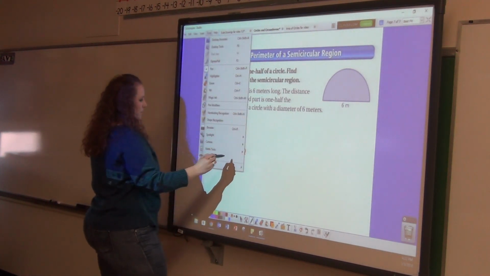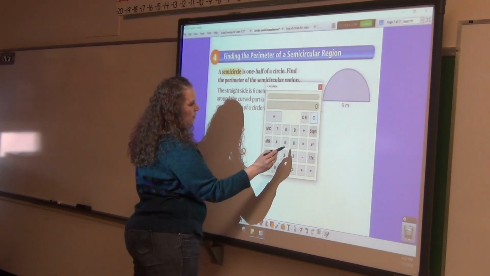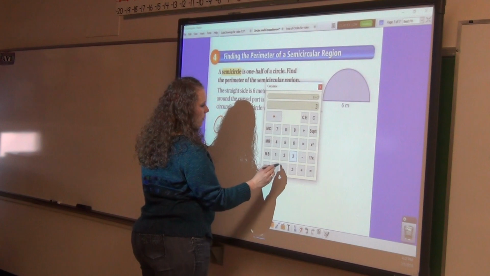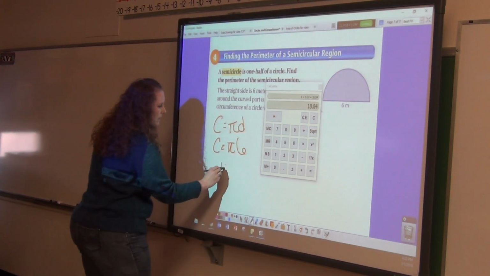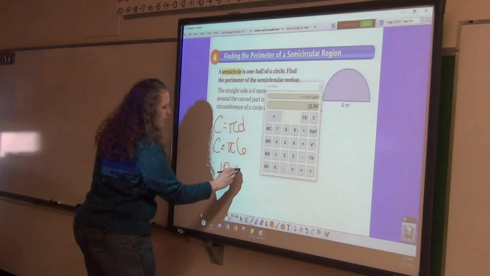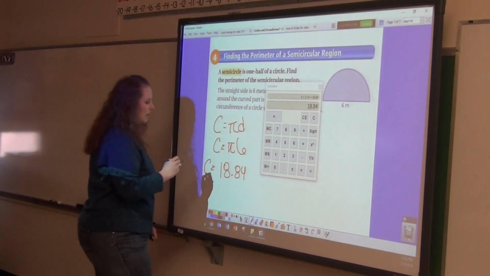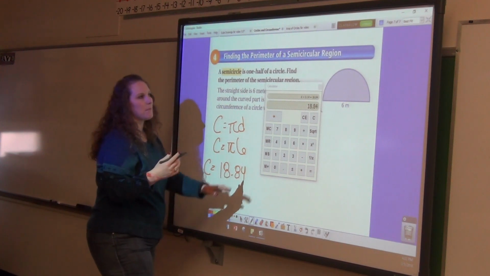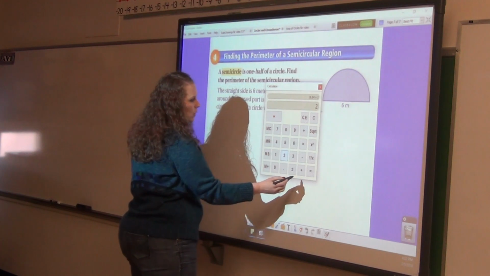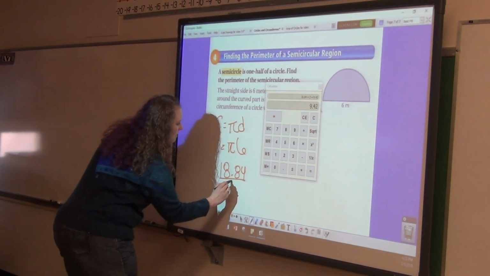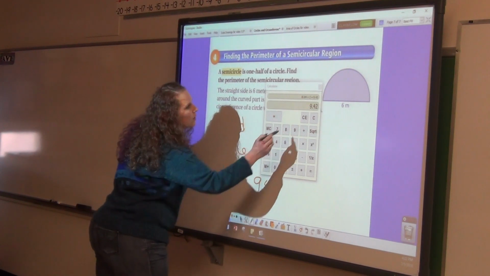So let me grab my calculator here. 6 times 3.14, we're going to estimate it at 3.14, is 18.84. That's what my circumference equals. But I only need half of that because this is only half of my circle. So I am going to divide by 2. So we divide by 2 and I get 9.42.